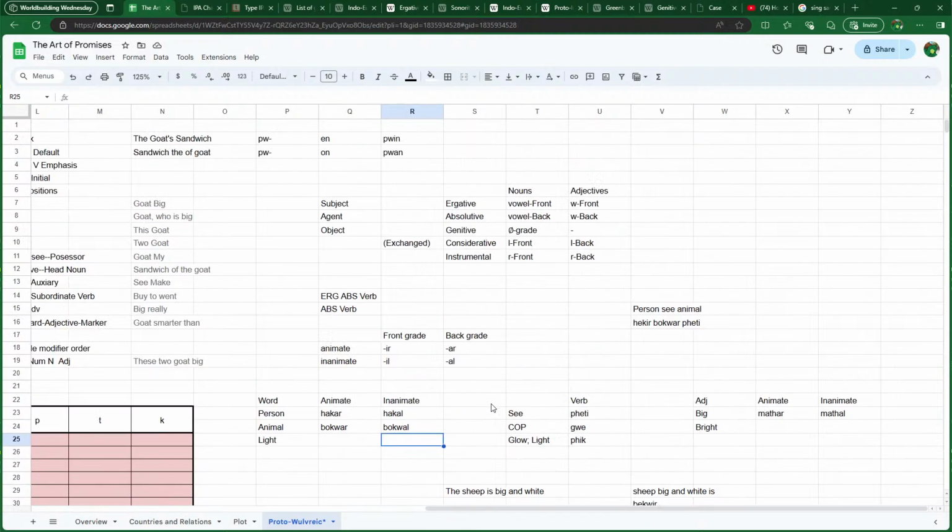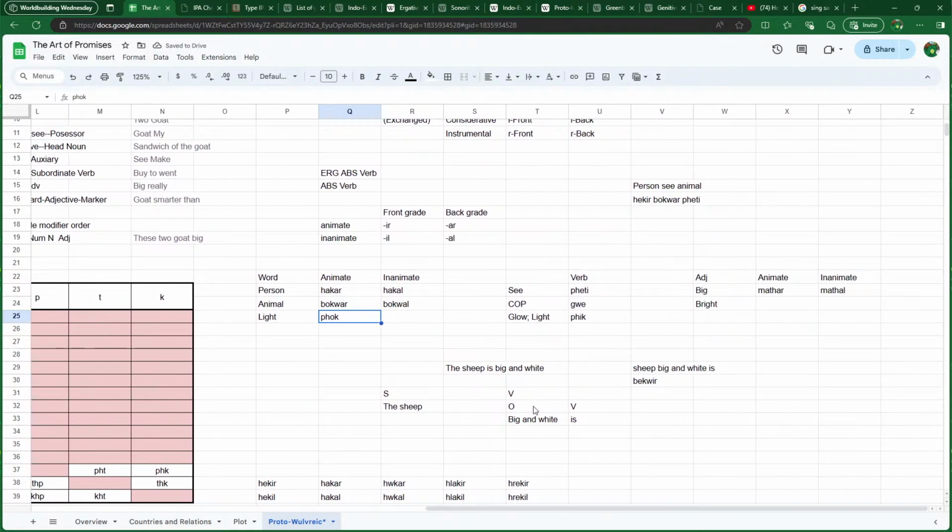Like it wouldn't have an inanimate form. Like for the animals, an inanimate person is just a corpse, and an inanimate animal is just also a carcass. But I think they would see light as animate. And they would see fire as animate too. So yeah, if we have hook.